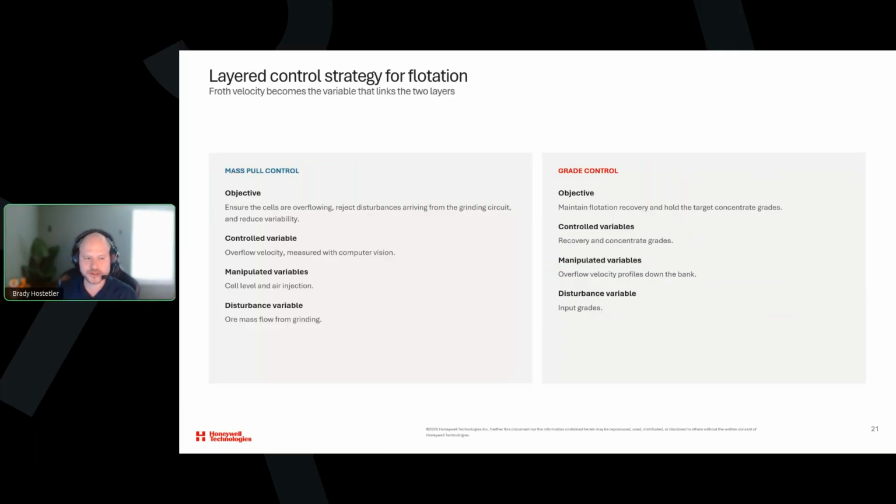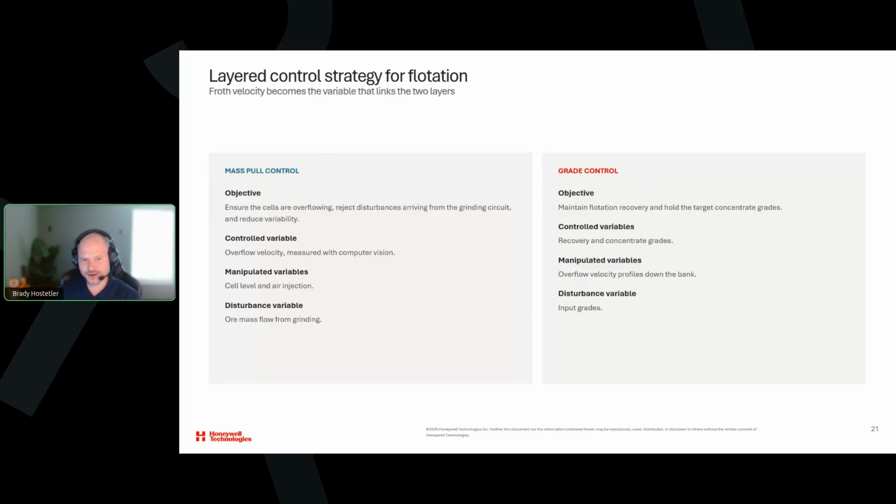And the disturbance is ore mass flow from grinding. If you just think about that ore mass flow from grinding, could we use something for tracking the ore mass flow disturbance for this process as well, I wonder. So just maybe hold that thought a little bit. Think about how we could track the input even to flotation.